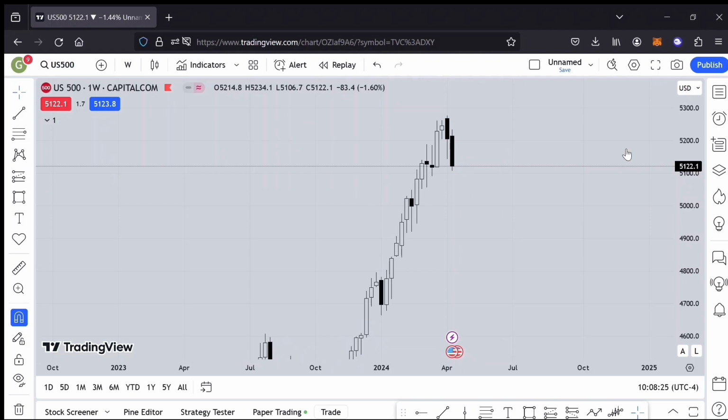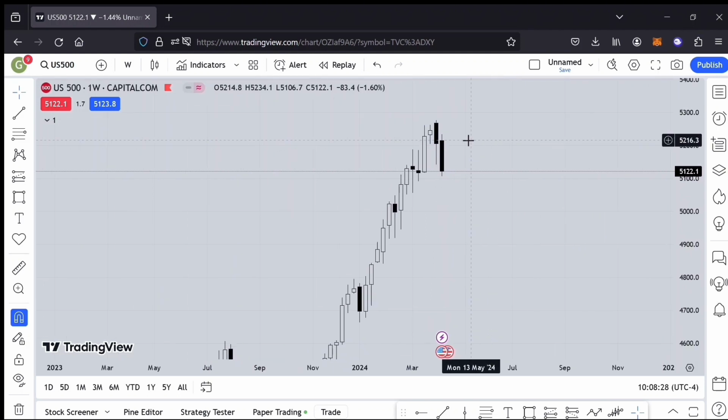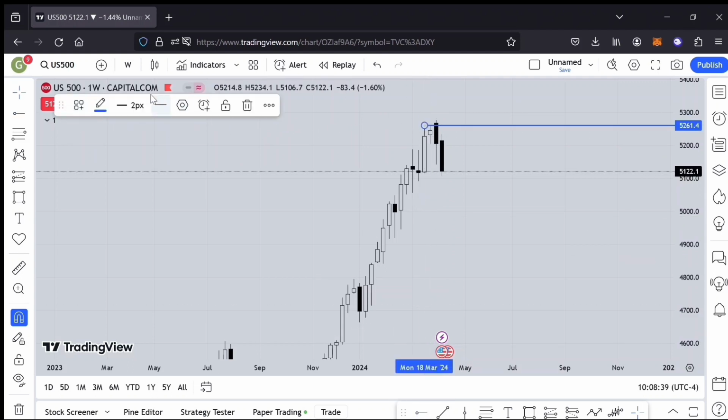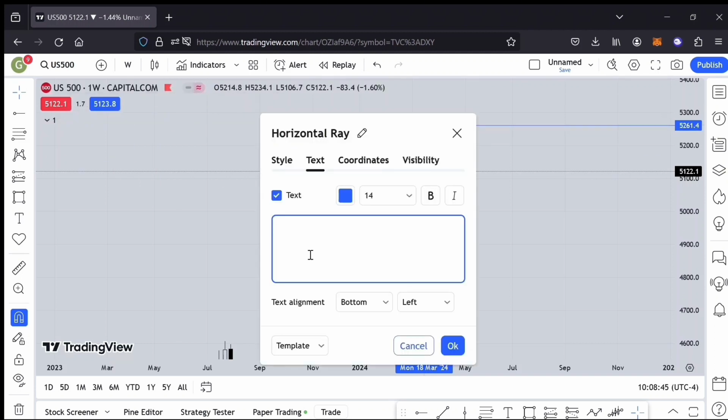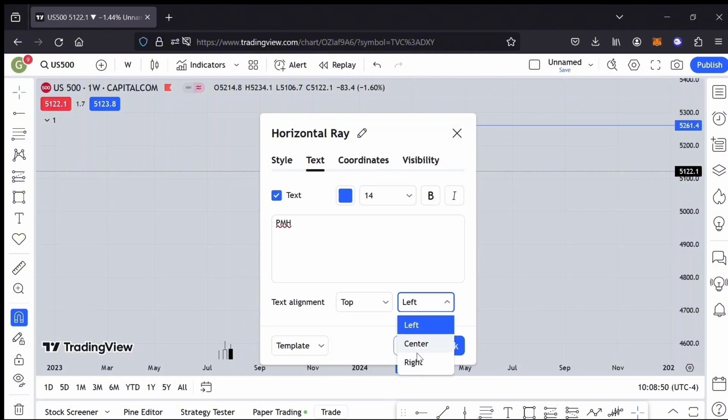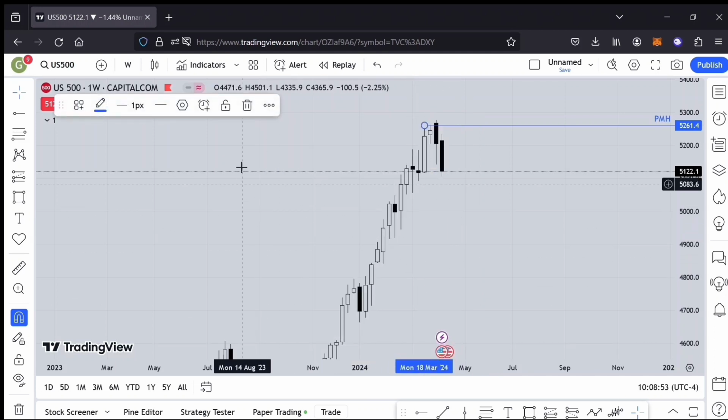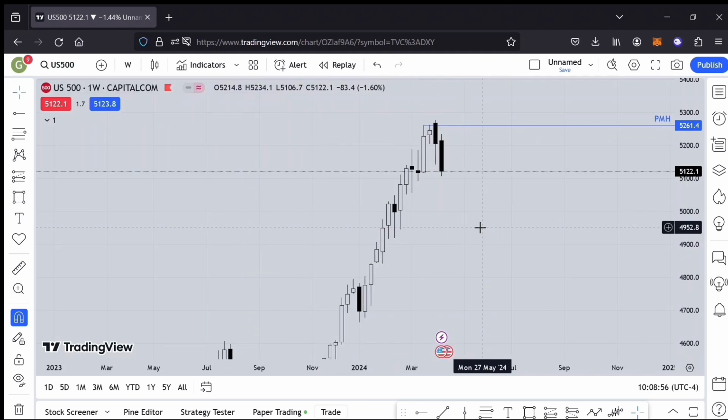From this recent price action, as you can see, when price took out this previous monthly high, so this was the previous monthly high, and this is the previous monthly low.